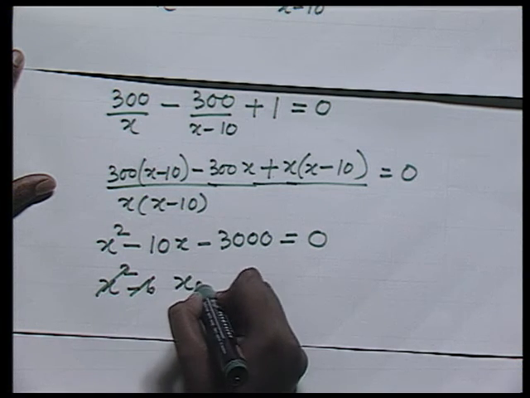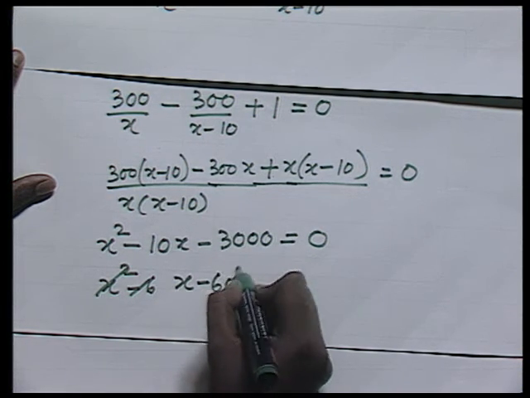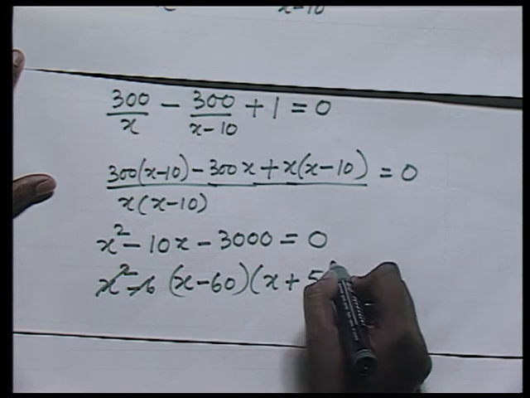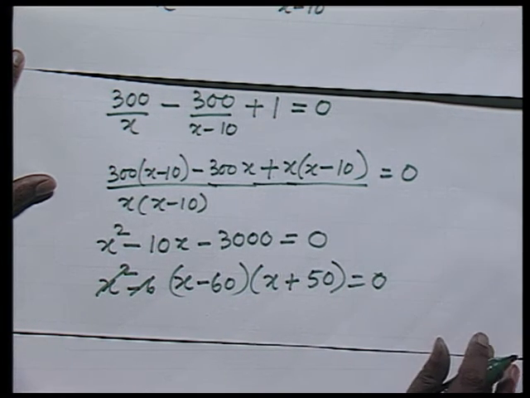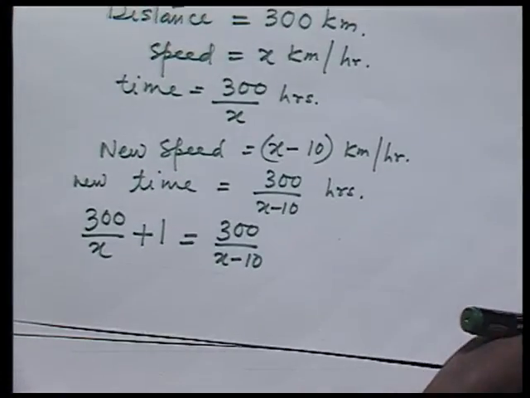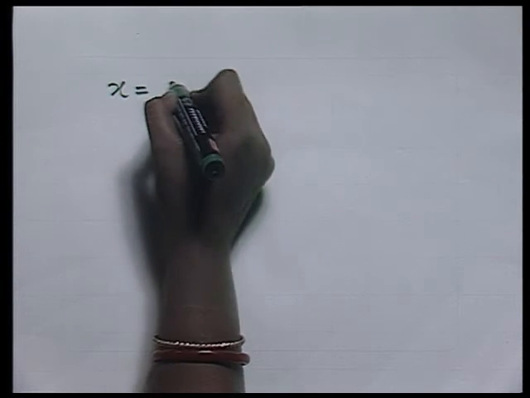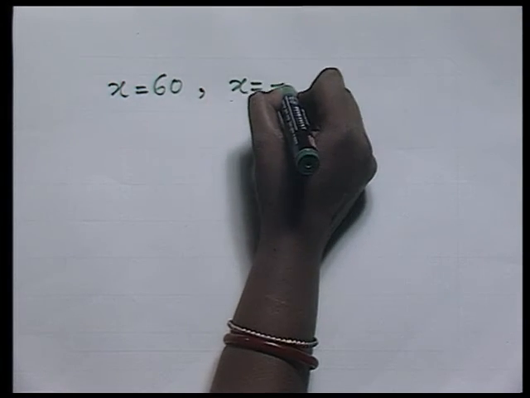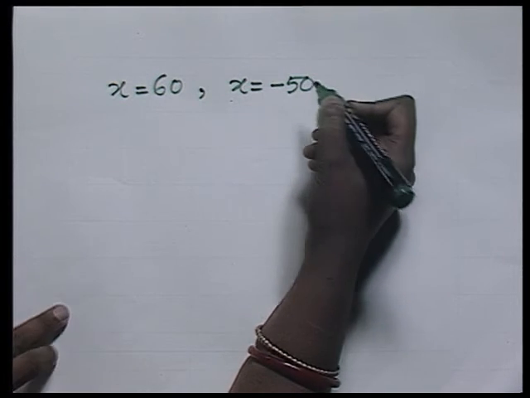What will be the factors of this equation? The factors will be x minus 60 into x plus 50 equal to 0, and hence we get x is equal to 60 and x equal to minus 50.